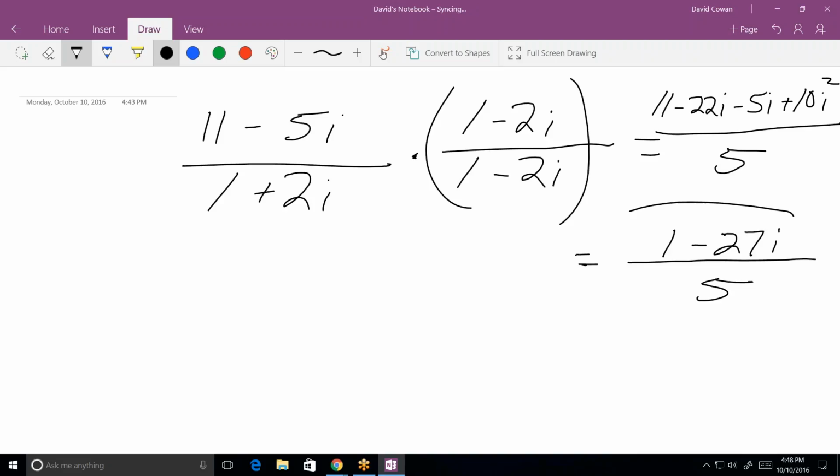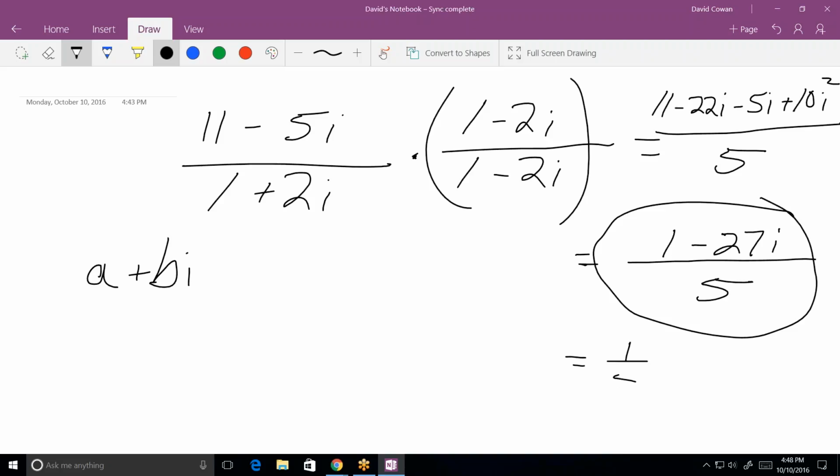So that's a much more palatable answer because it does not have the imaginary number in the denominator. However, that is not even exactly correct if they tell you to put your final answer in a plus bi format. What is it? It'd have to be 1 over 5 and then minus 27i over 5. 27 fifths i is a better way to look at it.